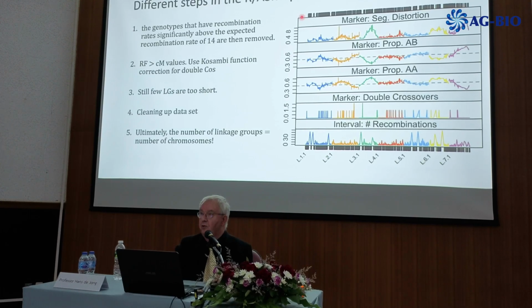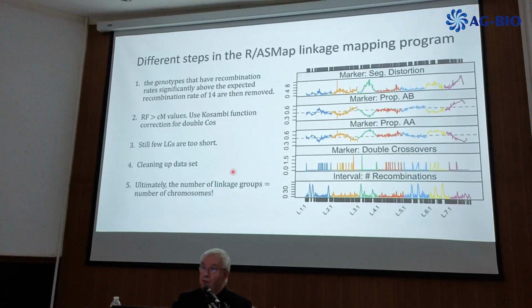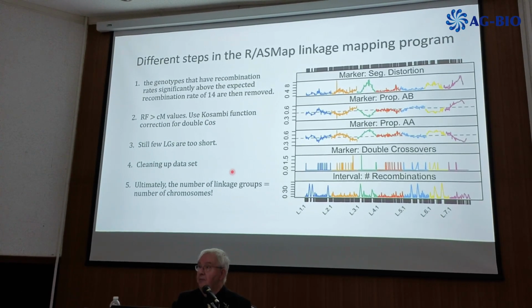So if you use R/qtl, you probably may need a few days. This program can do it in less than half an hour to make the same linkage mapping. So very, very warmly recommended. Unfortunately, I have no information about CSAP, which is supposed to be more automated, but it doesn't work on my computer.